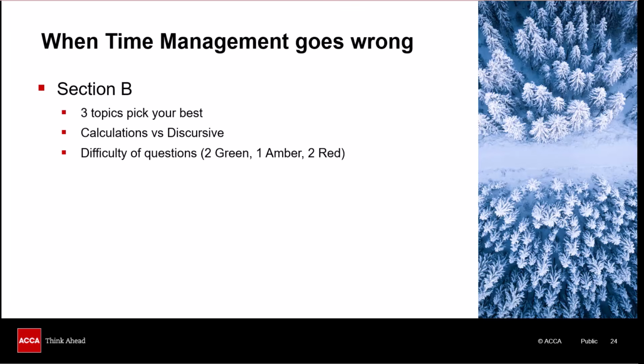You should think about looking at calculations versus discursive. Calculations take longer. Discursive questions are quicker. You could also look at the difficulty of questions. Often there are 2 easier questions, 1 mediocre, and 2 harder questions. And I would traffic light those green, amber, and red.